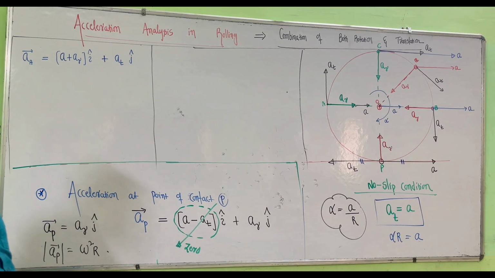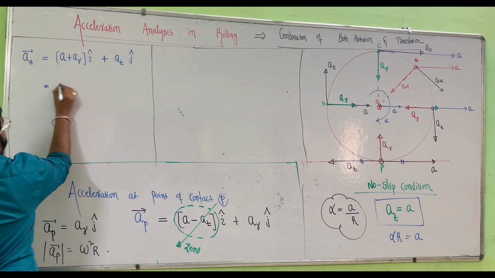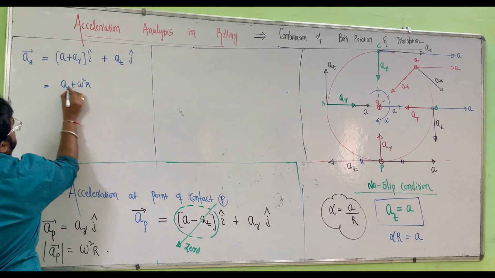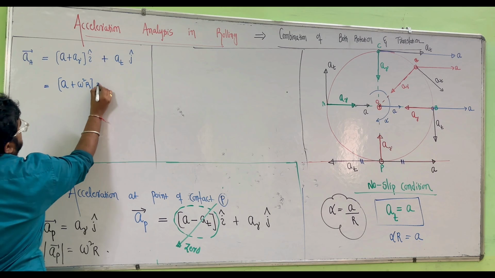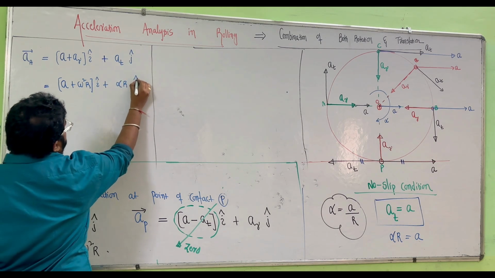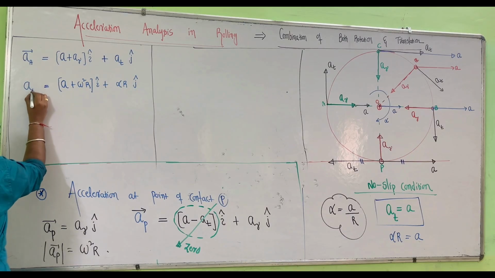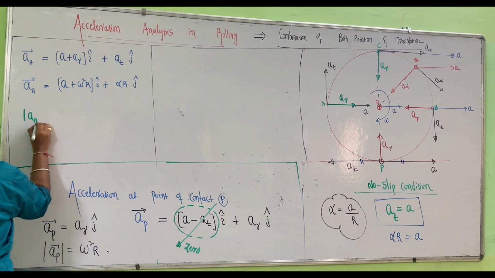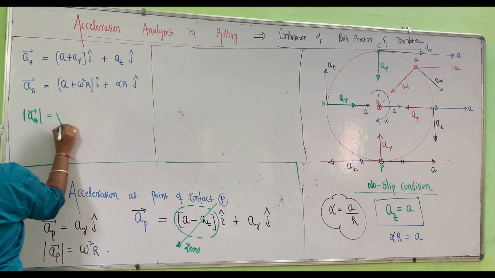So here, A plus omega square R in the I cap direction, plus alpha R in the J cap direction. What is the magnitude of acceleration at point A?